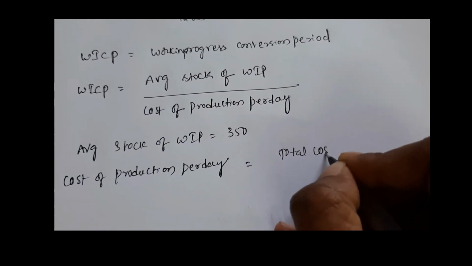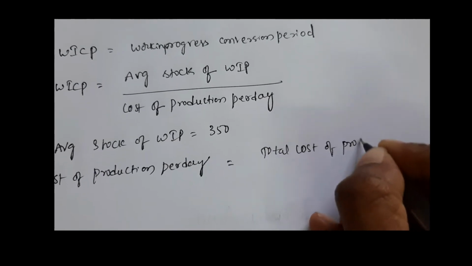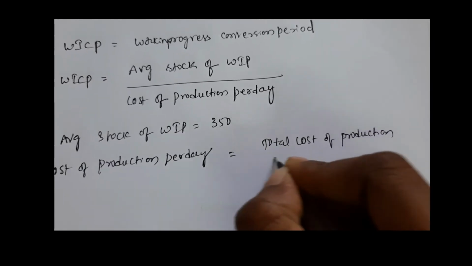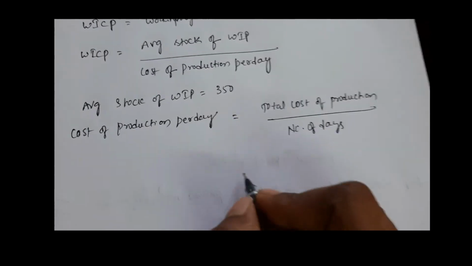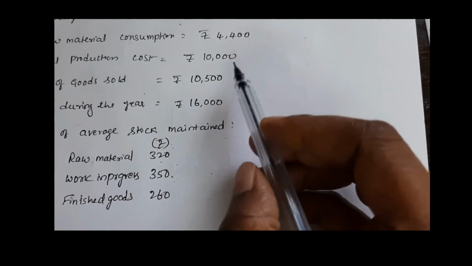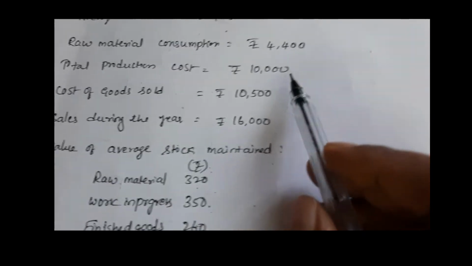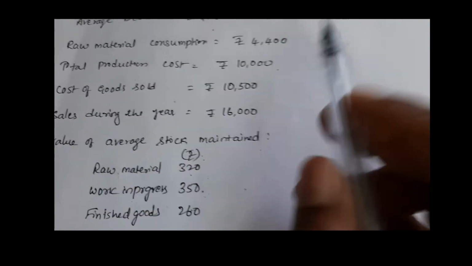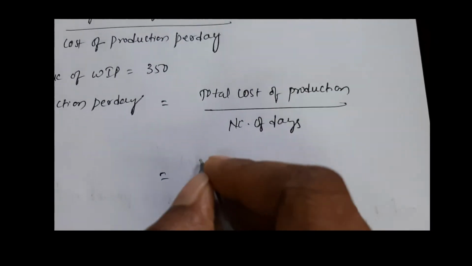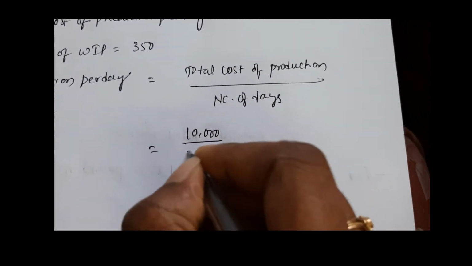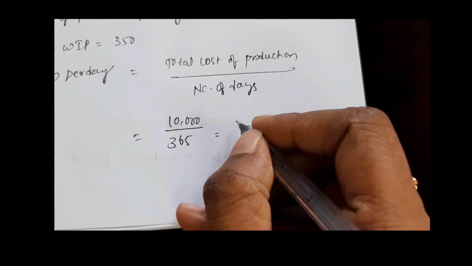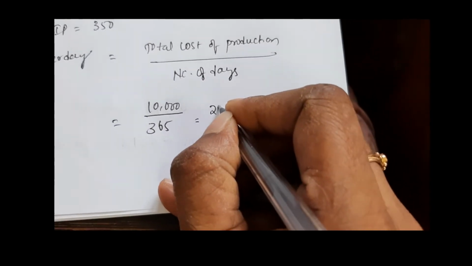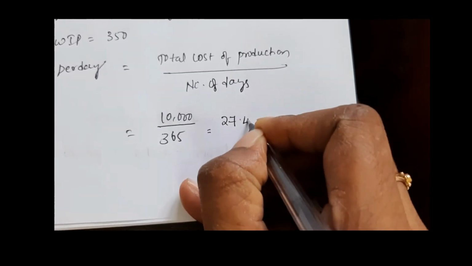Total cost of production divided by number of days. As number of days is given 365 days and total production cost is given 10,000. So 10,000 divided by 365, we will get 27.4.